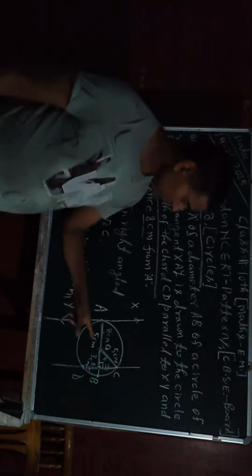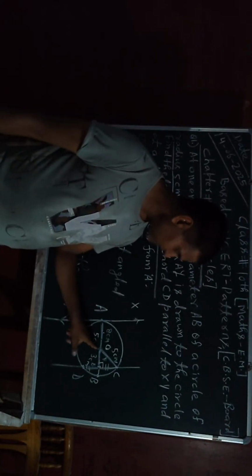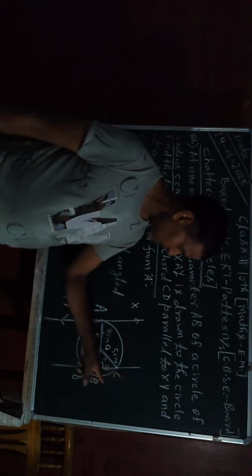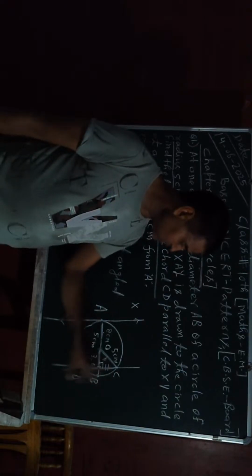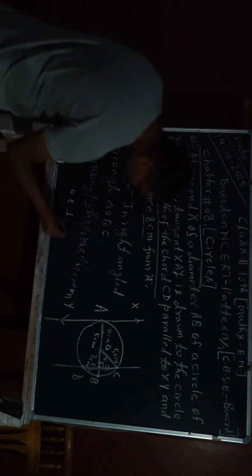Because from the center of the circle I am drawing a line, and that line is bisecting the chord CD in two equal parts. Bisect means in two equal parts. It means that BC is equal to BD. Here I will write according to the CD line, the OE line is perpendicular to CD.